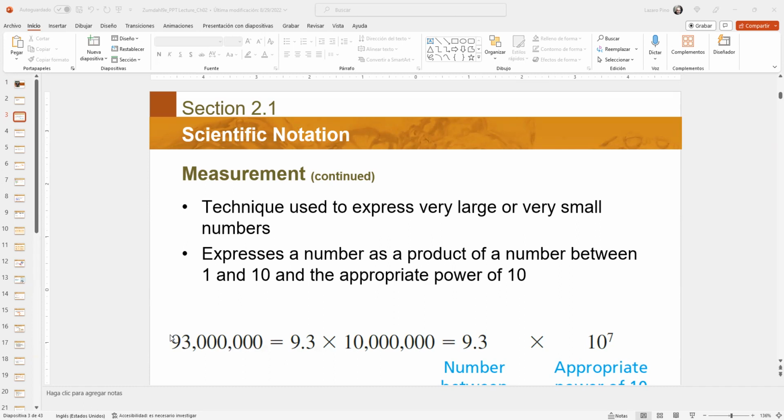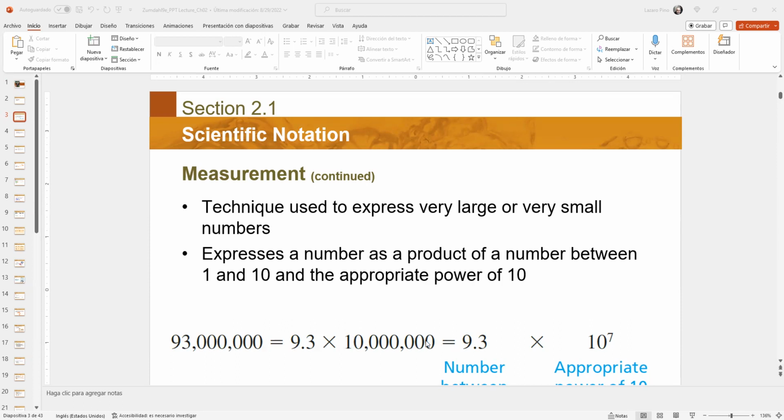And why 7 spaces? Because we always give a whole number at the beginning and then the dot. Then you write 9.3 times, and then you have to multiply by this big number.